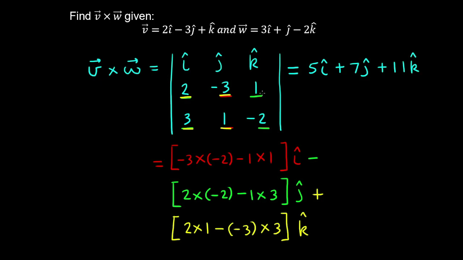And you can verify that this is the correct answer by taking the dot product of the vector v with this resultant vector and the dot product of vector w with the resultant vector. And it should evaluate to 0, because these two vectors should be orthogonal to the resultant vector obtained from their cross product.